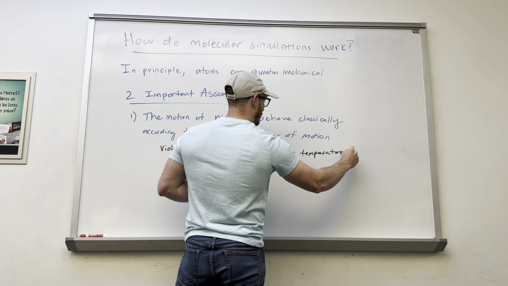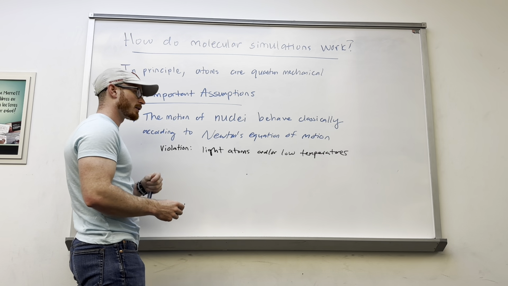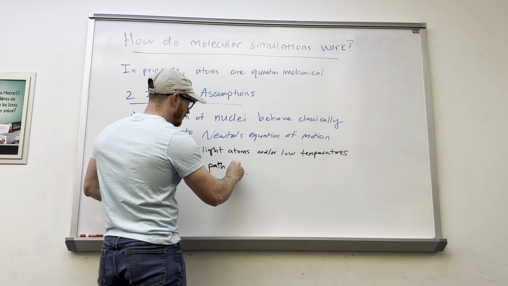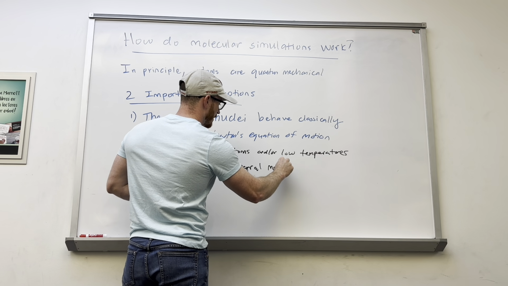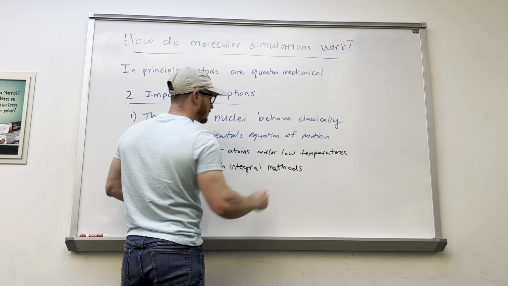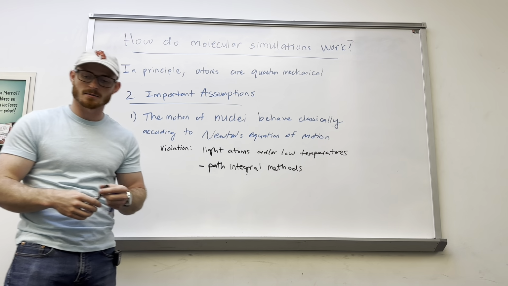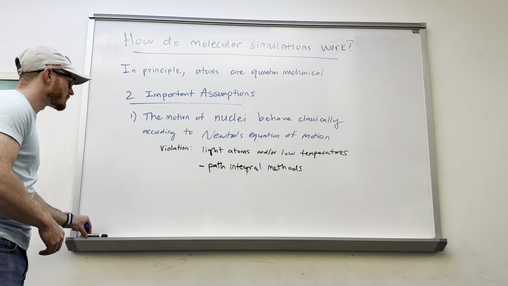Our pivot there, rather than classical molecular simulations, would be path integral methods. Path integrals give us a way to keep track of the quantum mechanical nature of these atoms, but we're not going to deal with those.